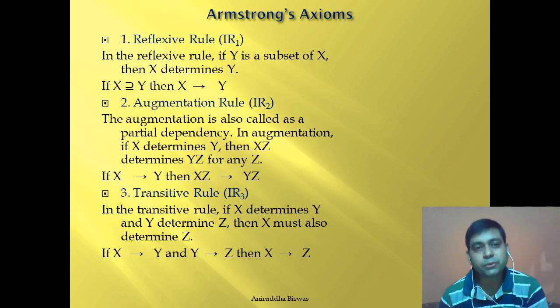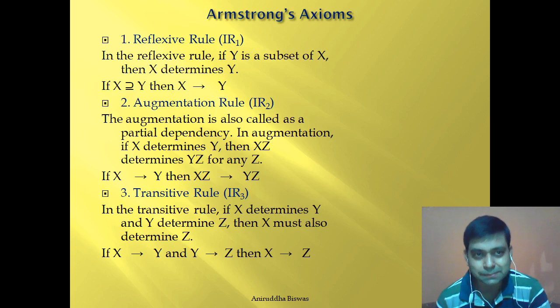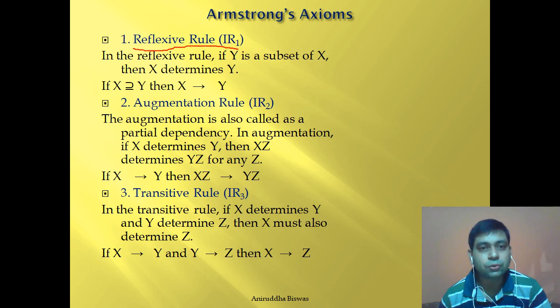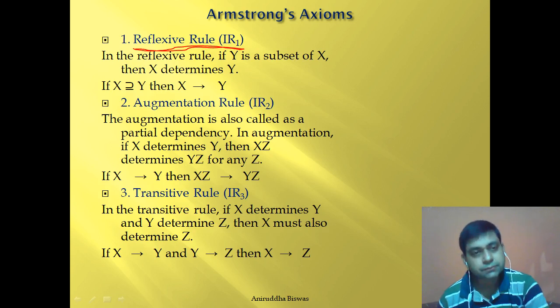So let's look into the first 3 rules of Armstrong's axioms. The first one is called the reflexive rule. That is the first rule, inferred rule number 1, IR1.